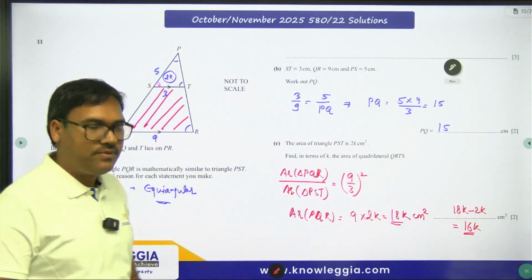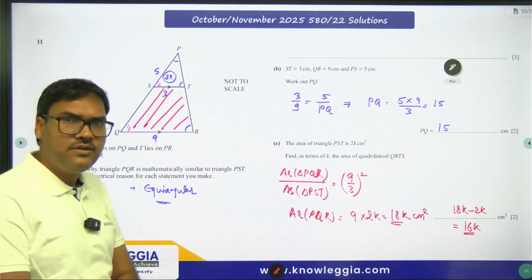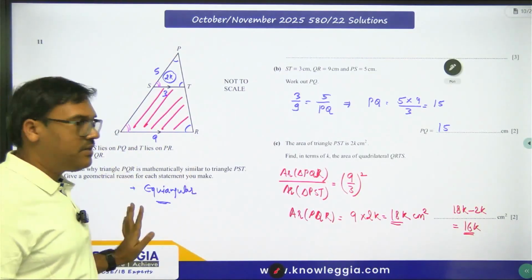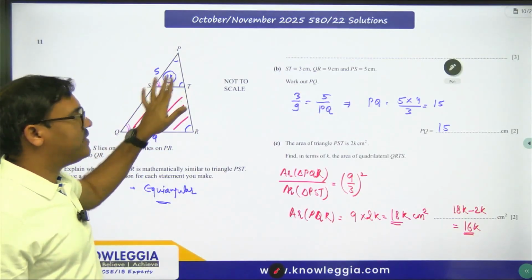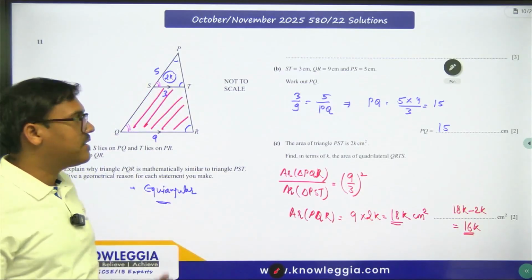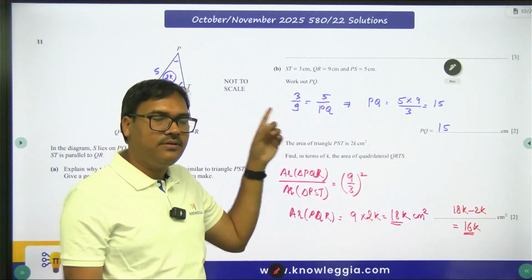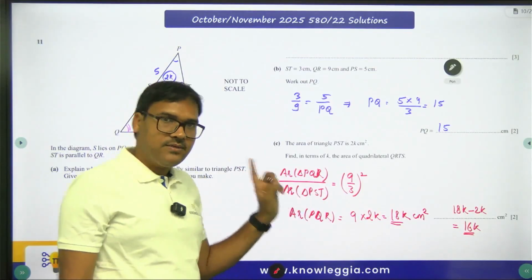That is the answer for this, right? 16k is the answer. I hope this is clear. So in this, you have to write a statement that this corresponding angle to this is corresponding angle. That is why these triangles are similar triangles. All the angles are equal. Here, the ratio of the areas of similar triangles is the scale factor squared.